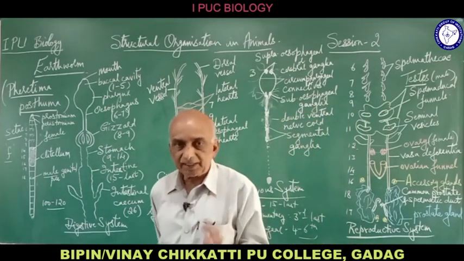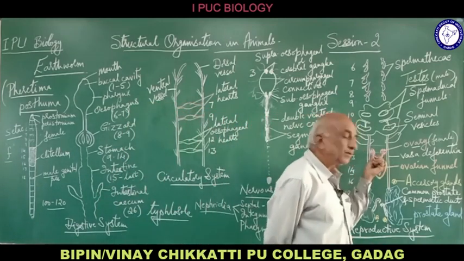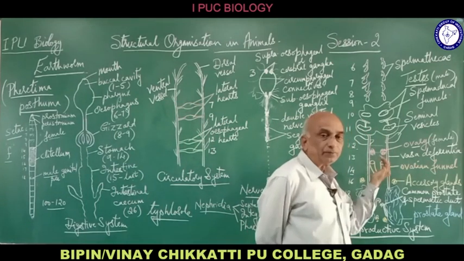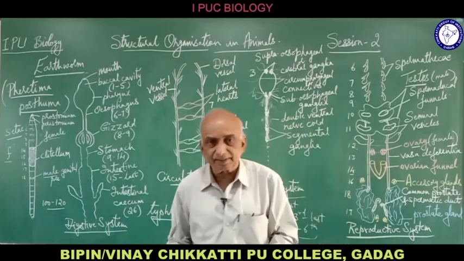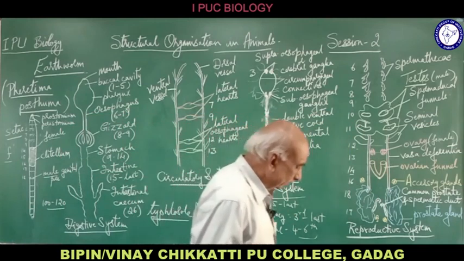So the fertilization takes place inside, but between the sperms of another animal and the eggs of another animal. Here the fertilized eggs form what are called cocoons.